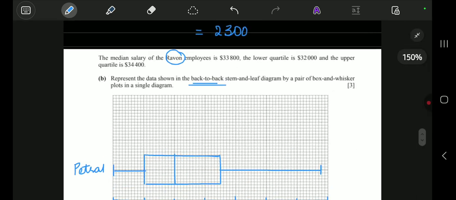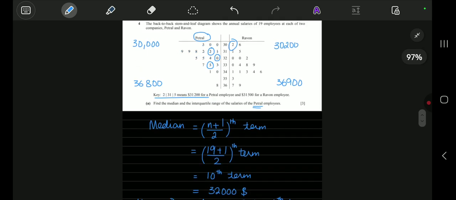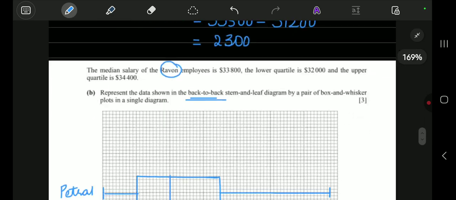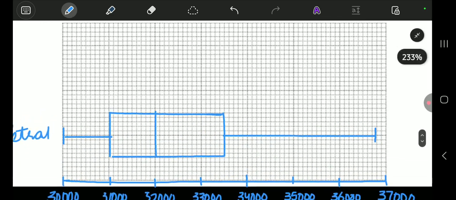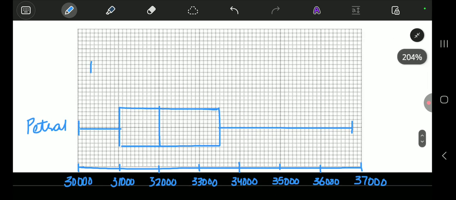Now for the Revon, they have given you the values here, but let's look into the minimum and maximum from the stem and leaf: 30,200 and 36,900. 30,200 will be here, and 36,900 would be here.